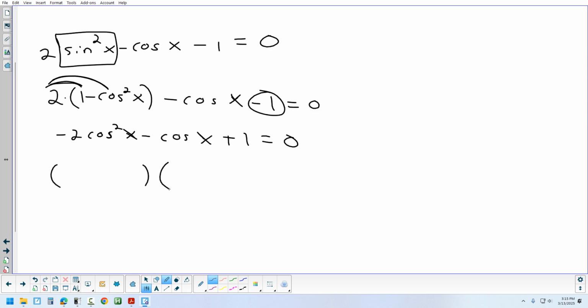If it doesn't factor, what's the other way that you can solve a quadratic type of equation besides factoring? Make it equal to 0.